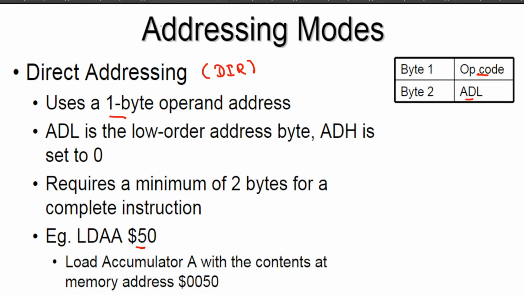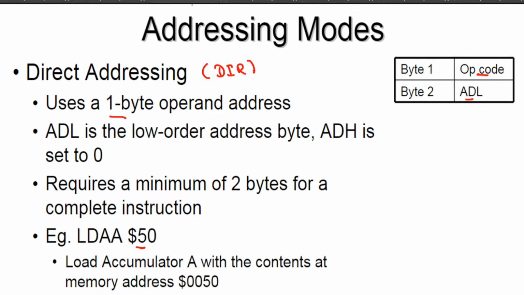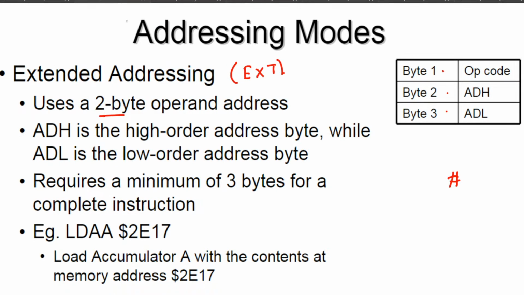But if you look at the difference between this and this, why does this one need 3 bytes while this one only needs 2 bytes? If you look at this, we have 4 hexadecimal numbers, right? This is a memory address, but 4 hexadecimal. 1 byte is 8 bits, so each hexadecimal number represents 4 bits. So 2 hexadecimal is 8 bits, that's 1 byte, and then these two make it 2 bytes.